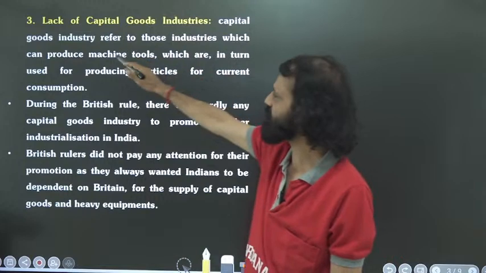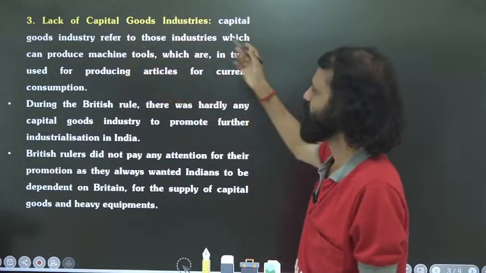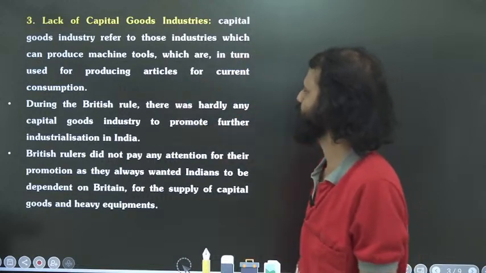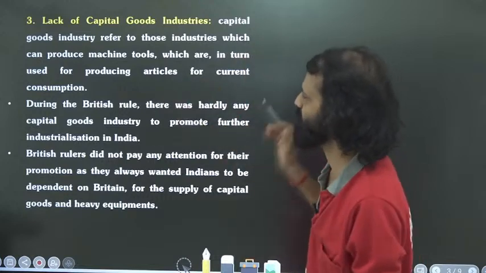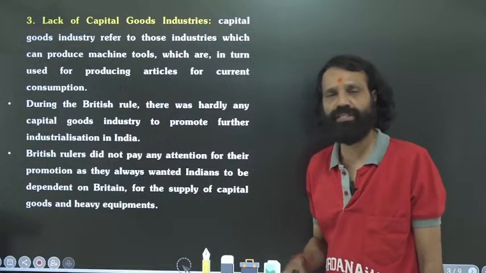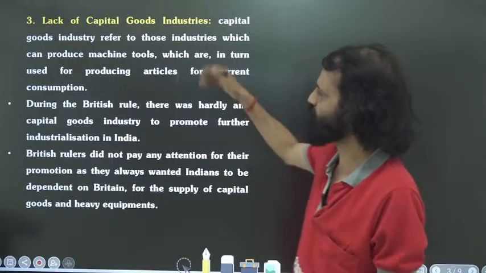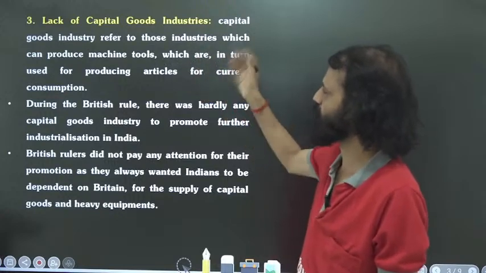Capital goods industries refer to those industries which can produce machine tools, which are in turn used for producing articles for current consumption. Machine tools also come in the category of capital goods. These are physical goods, capital goods.